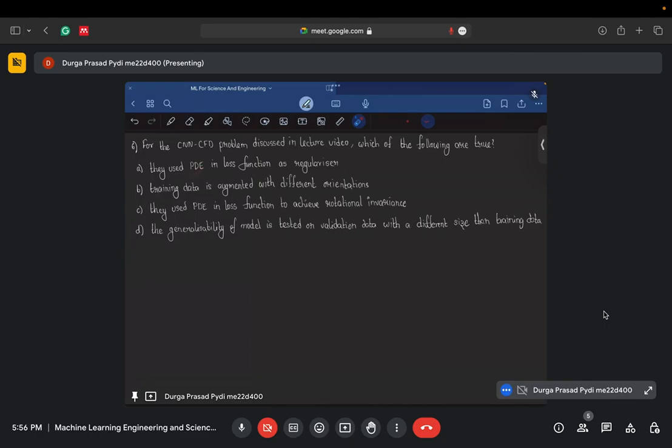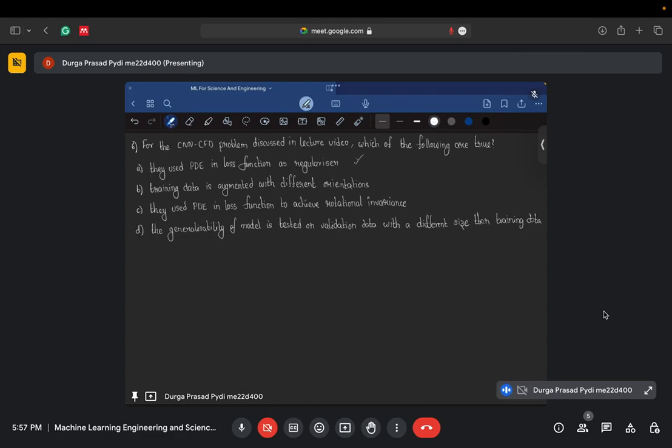They were actually using different kinds of geometries, and then they finally did some validation with a car. That is what is shown in the video. So did they use any regularizer? You may not be able to answer this purely based on logic. It is completely based on whether you have gone through the paper, and it should be straightforward to answer. Otherwise, I am just giving the answer that they have not used any of this.